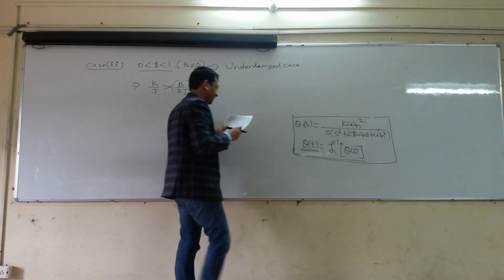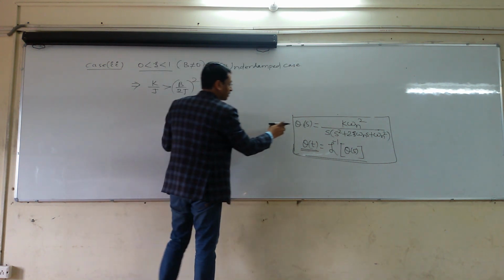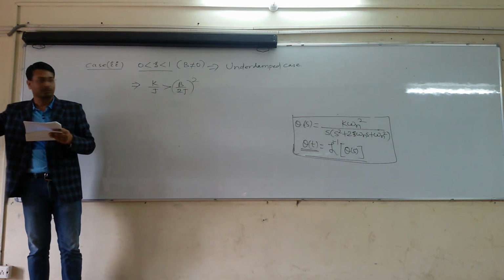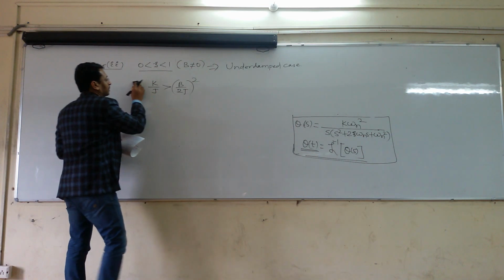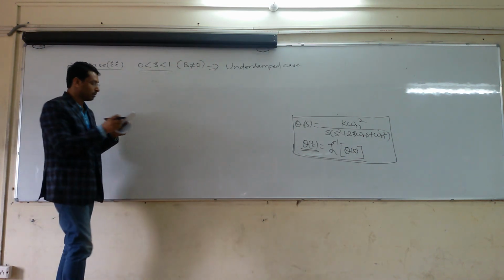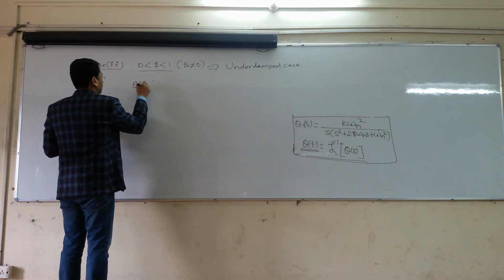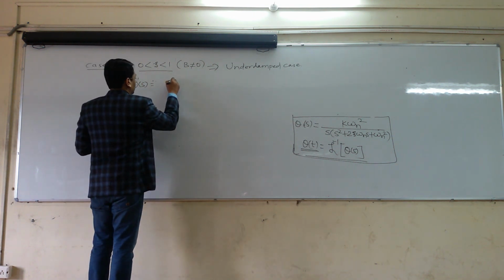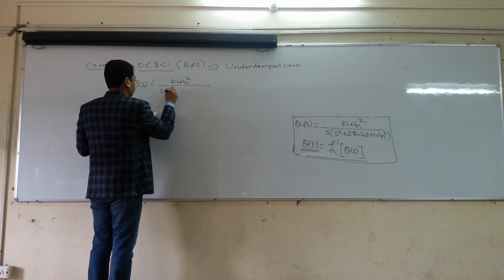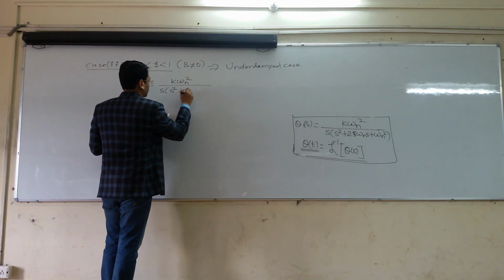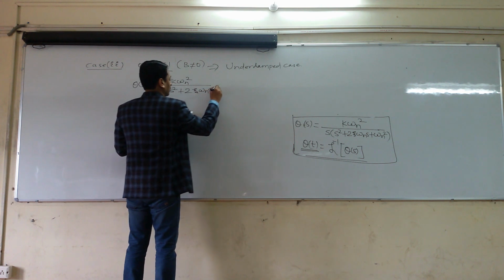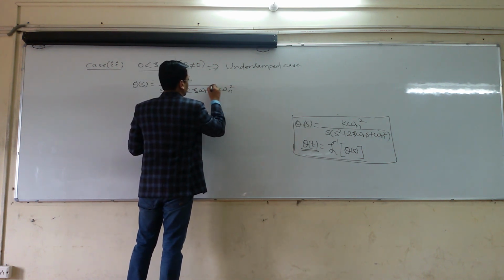Okay. Now try to solve this equation for this underdamped case. I am going to start with this equation once again. Theta(s) is equal to K omega n square over s into s square plus 2 zeta omega n s plus omega n square.